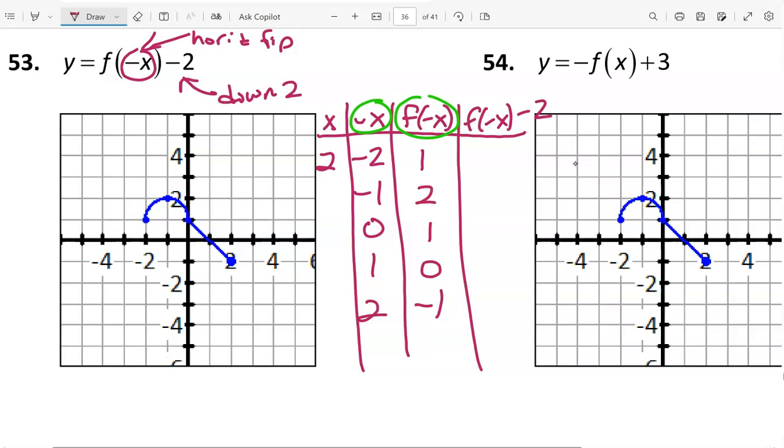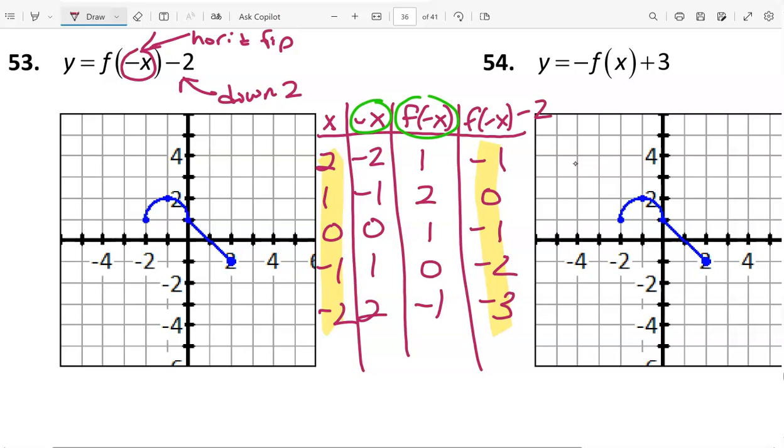And so to find the x values, we're just going to take the opposite of the -x values. And for the last column, take the f of -x values and subtract 2. And our first and last columns give us the x and y values for the transformed function.